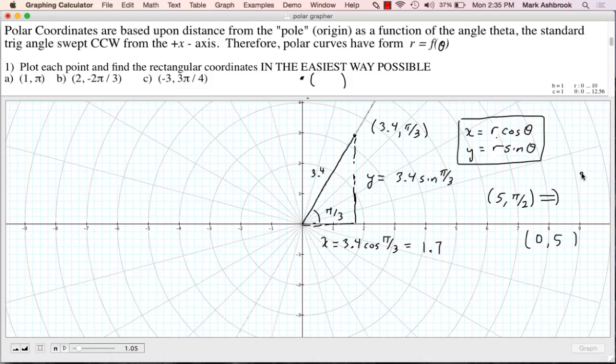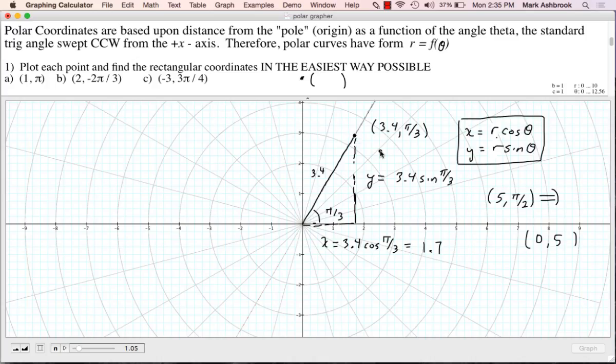Yes, when you have points out in the quadrants, use the formulas, but when you have points on the axes, you just want to think about it. That's better practice of your understanding of polar coordinates than plugging into those formulas. Another thing to think about: in rectangular coordinates, there's only one way to represent a particular point.